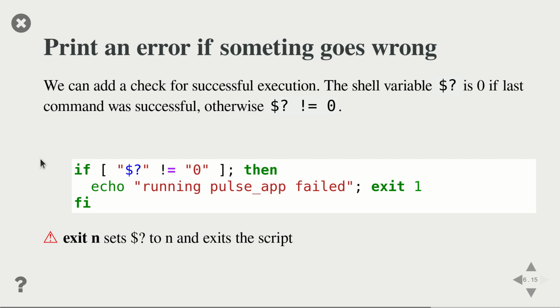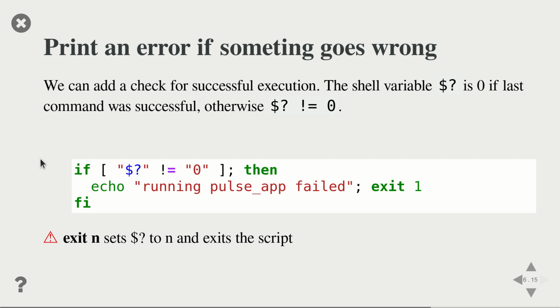Something that is quite useful is another special variable called $?, and that variable has the value 0 or 1, depending on whether the previous command was executed successfully or not.